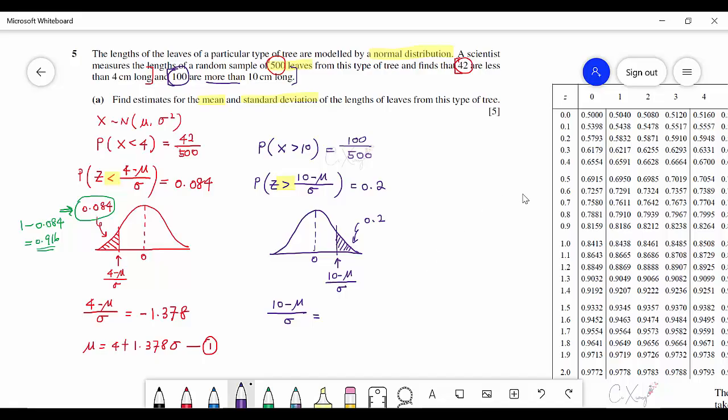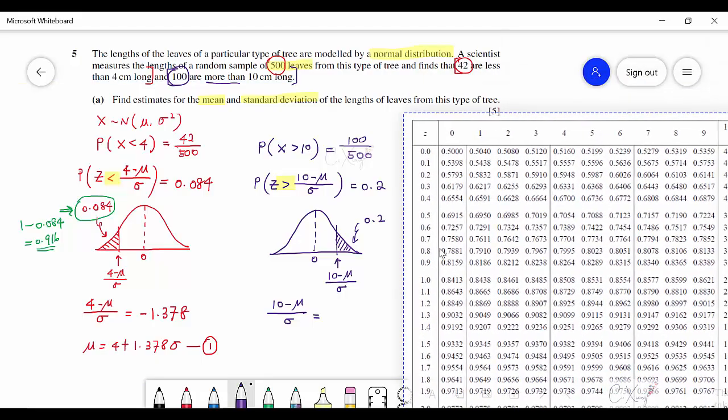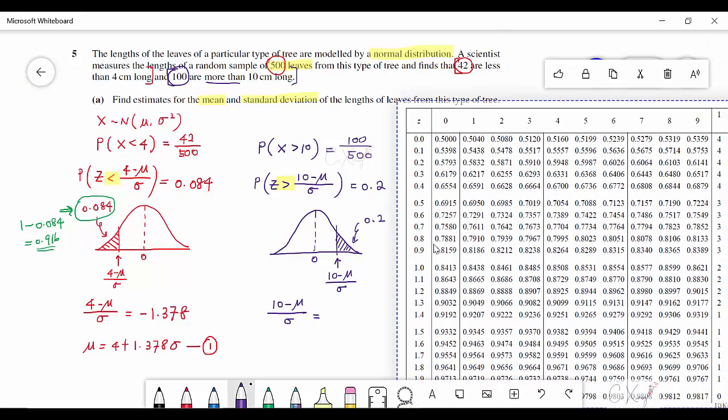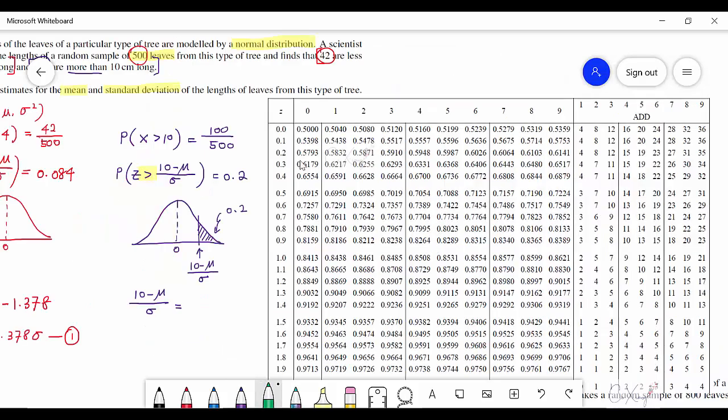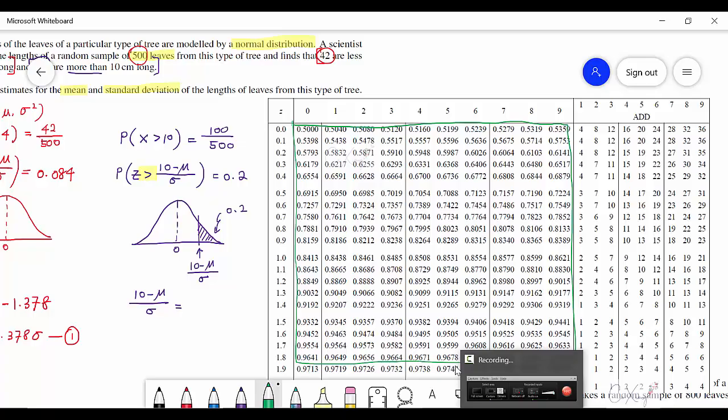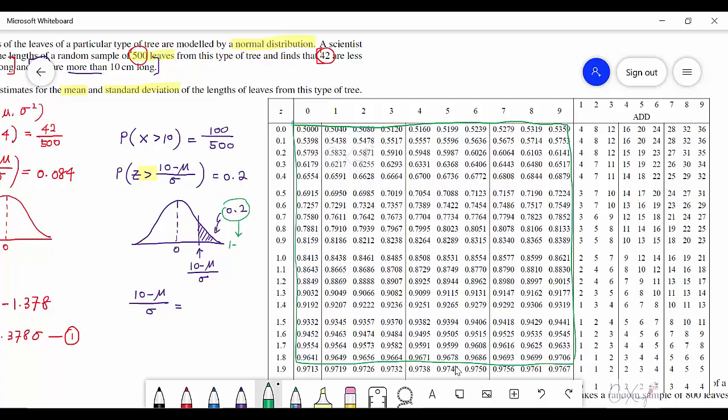Okay, so what is the value of z that we have? Again, you should look for 0.2, right? Okay, so if you look for the area, all these are the probability, okay, the area. So you will see that there's no 0.2. All the values are more than or equal to 0.5. Okay, so the same process again. You need to take 1 minus 0.2 and then you get 0.8.